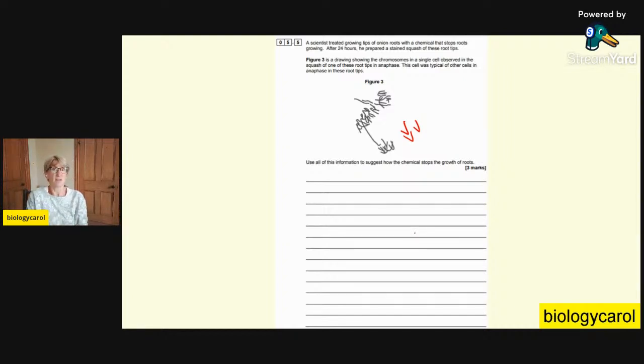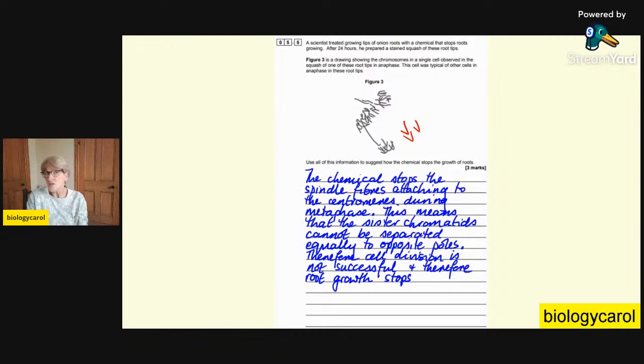And as a result, cell division couldn't carry on, and therefore growth stopped. And this is pretty much what I wrote.